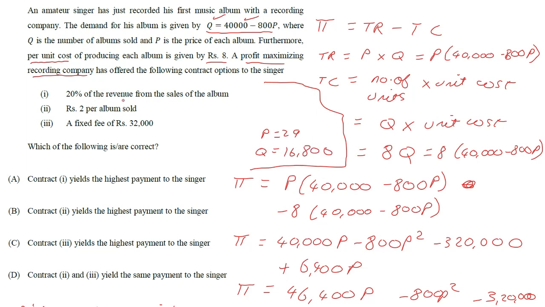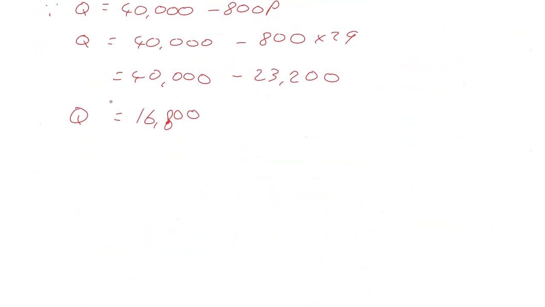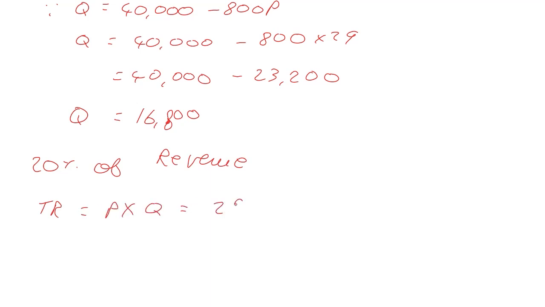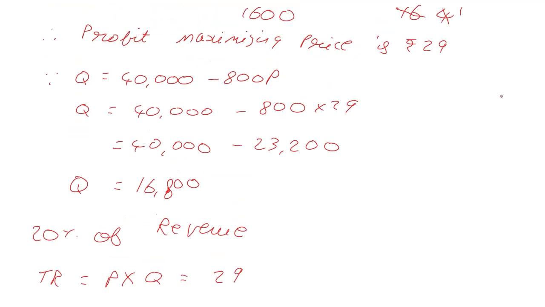They're saying 20% of the revenue. We know that total revenue is equal to price into quantity, which is 29 into 16,800.